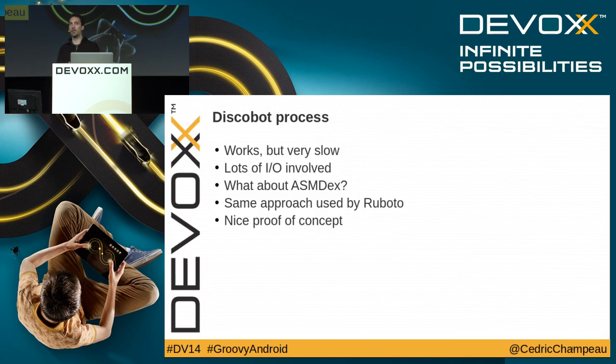It's a huge work to do because the bytecode is different and the API basically is not the same. So we didn't do that. So we're stuck with the approach using a file system. This is actually what the Ruboto library does. Ruboto is Ruby on Android. For us, it's a really cool, nice proof of concept, but not really what we want to do.